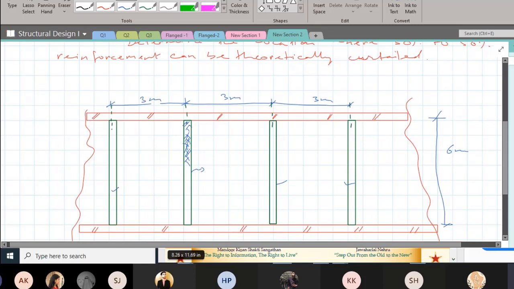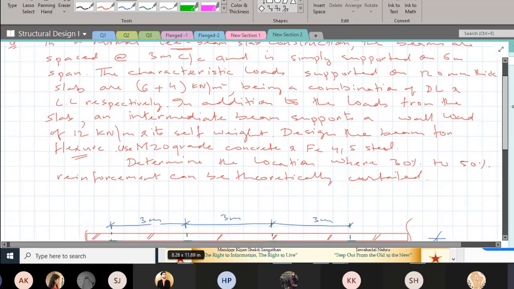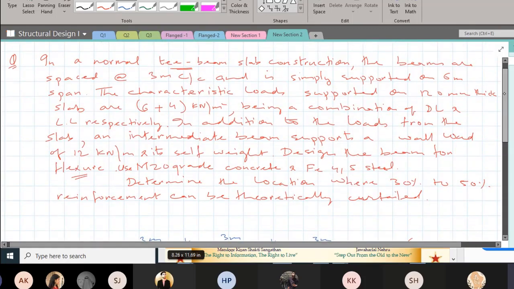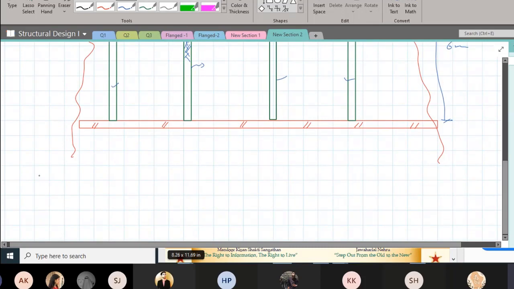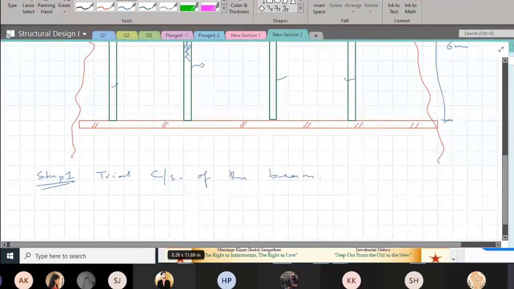To start with, I need to know what width of the beam you should provide and what depth of the beam you should provide, because nothing has been mentioned. So step 1: I would like to decide the trial cross section. What should be the trial cross section of the beam?